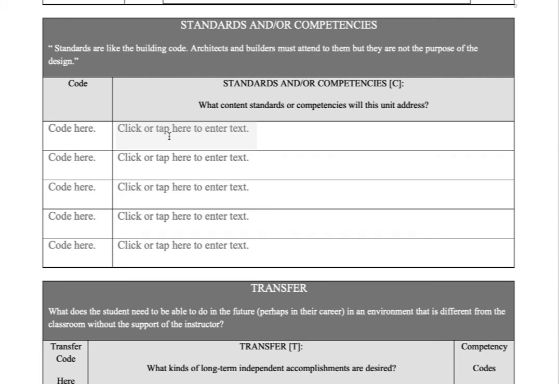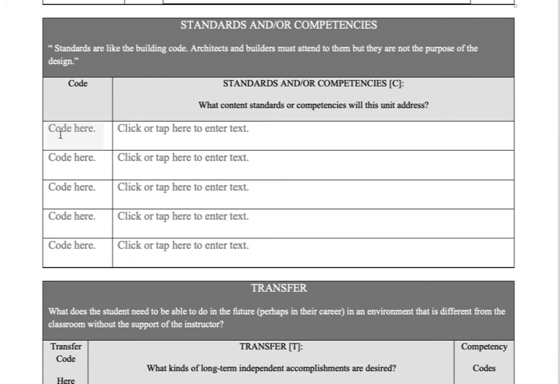So that makes it easy, and if not, you can look at whichever course you're teaching, whatever unit you're teaching, you can look up the standards and codes and identify whatever is the best code and standard to fit the concepts that you're teaching, and that's what you would use.